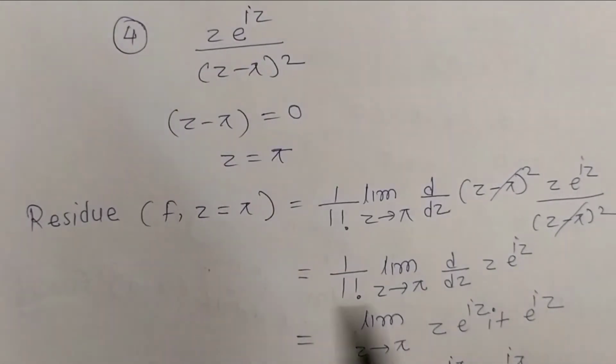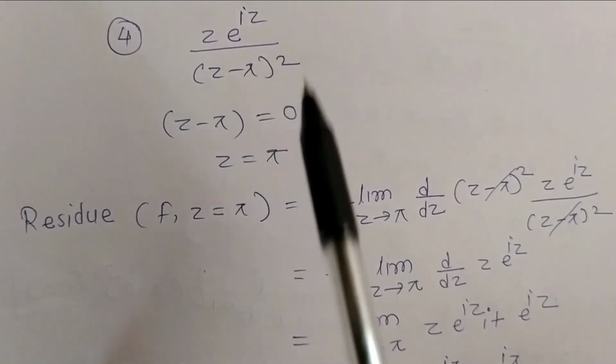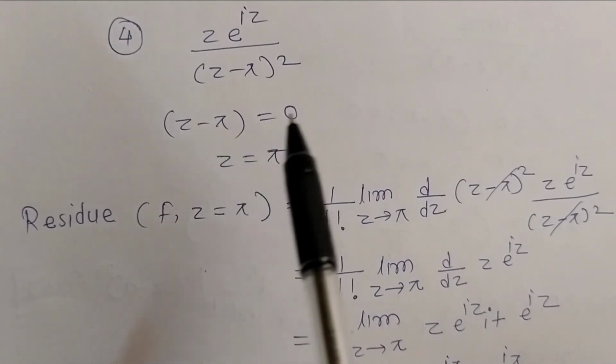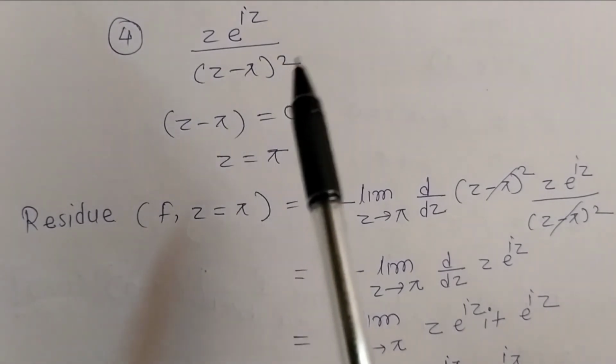The next example is z e^(iz) upon (z − π)^2. When the denominator is 0, z − π = 0, z = π, and here n = 2.